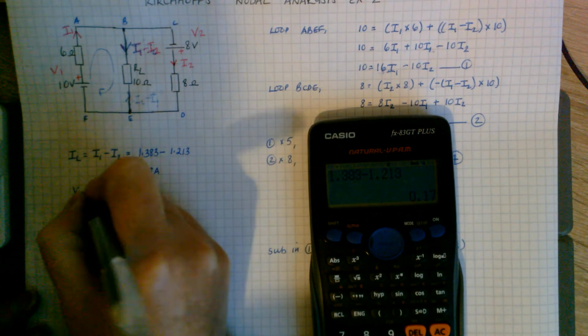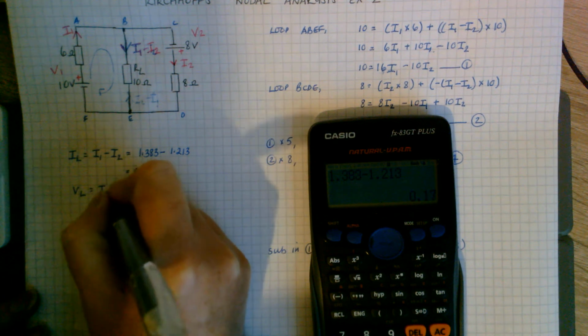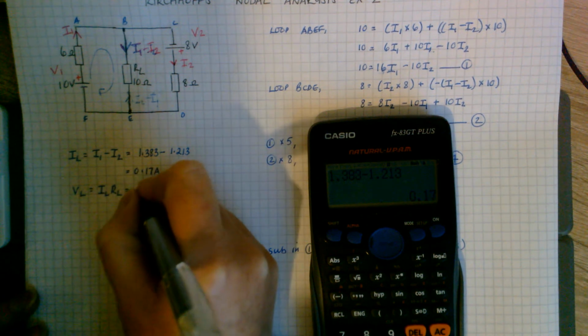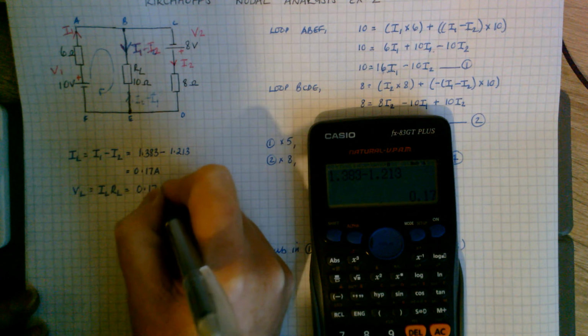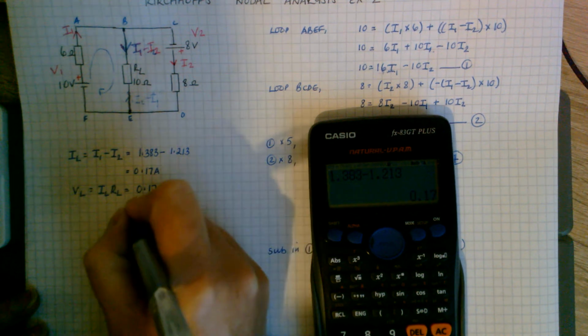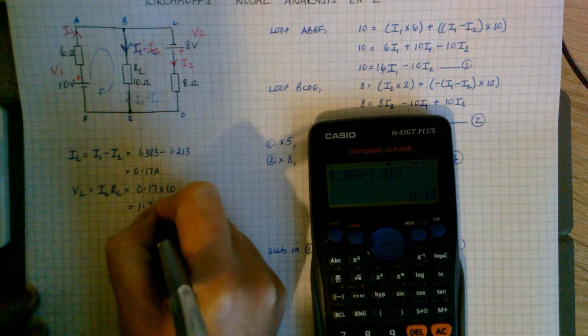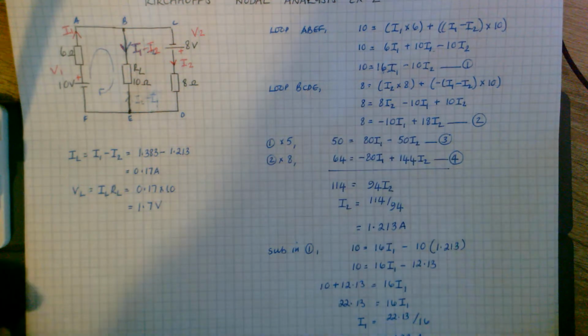And the voltage across the load resistor is IL times RL. So that's that 0.17 times 10, which is 1.7 volts. And that's that second example complete.